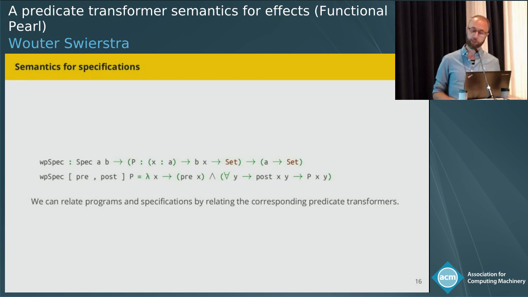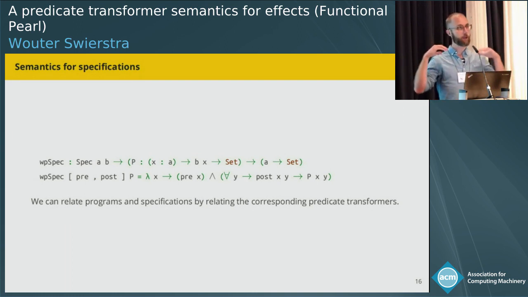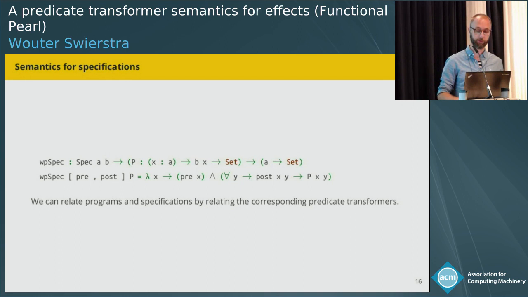It's that the precondition of our specification holds, and that any result returned by a program satisfying this specification will also imply P. So this gives us a predicate transformer semantics for specifications, which we can then relate to the predicate transformer semantics for effects that we saw previously.